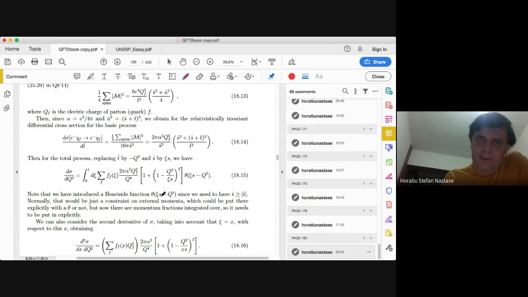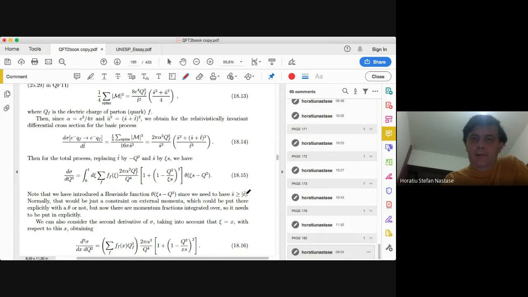So substituting this, we have that psi s minus q squared is greater or equal to 0, hence the theta of that.